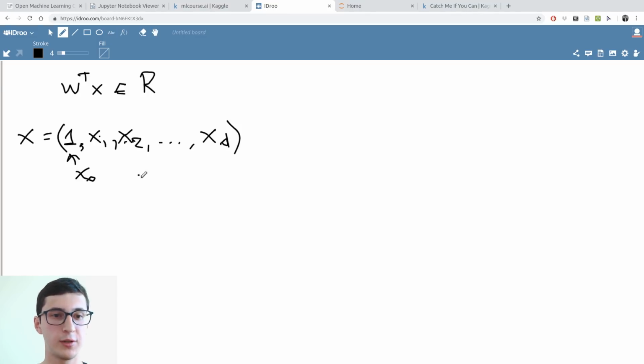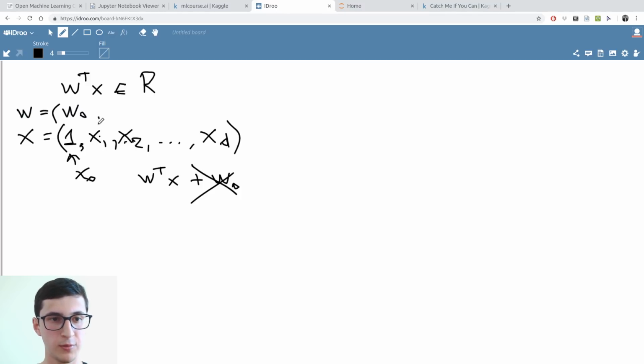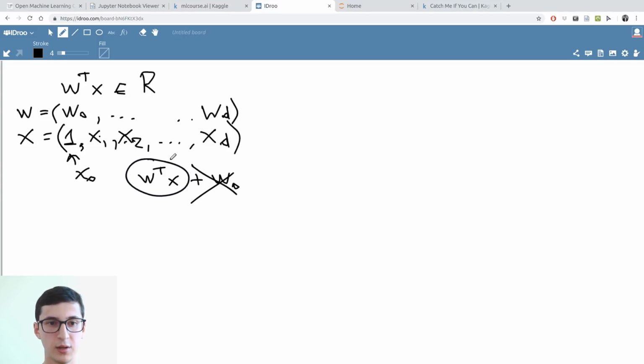Otherwise, we'd have to write W transposed x plus some separate coefficient W0, and we don't want to write this each time. In this notation, we'll just have W0 right in this inner product. So our vector W will be W0 and so on up to WD. This is much nicer than having to sum with W0.